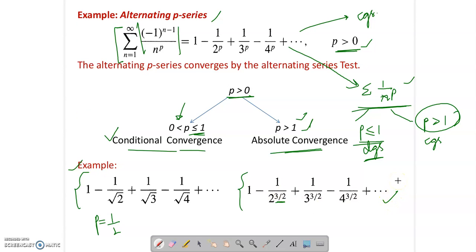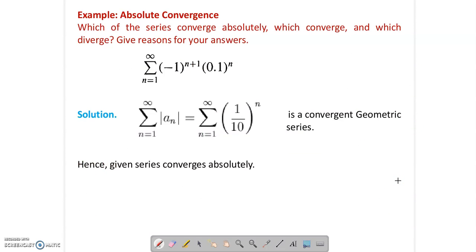Next, given this problem, you have to check whether the series is convergent or divergent, whether it converges absolutely or conditionally, and give reasons for your answers.